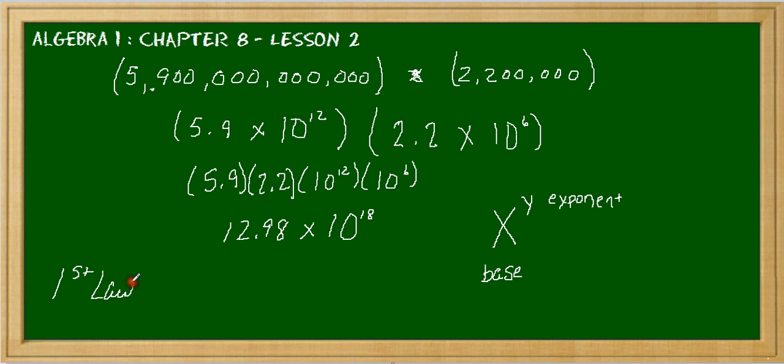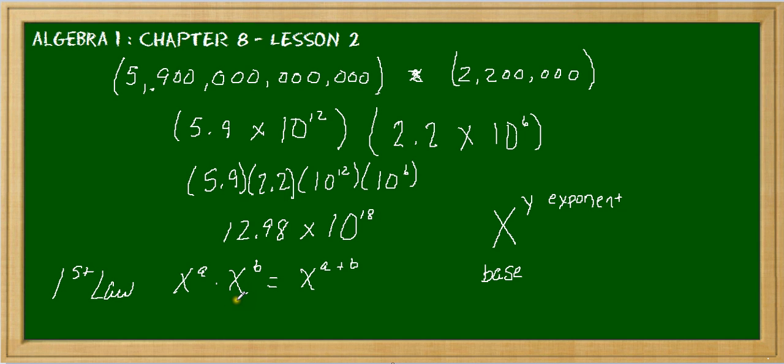Our first law is x to the a times x to the b is equal to x to the a plus b. Now, just a couple things I'm going to point out so that you don't get confused later on and they don't trick you, because they will try to trick you with your work, especially on your tests, so you better pay attention. Notice that we are multiplying first, okay?